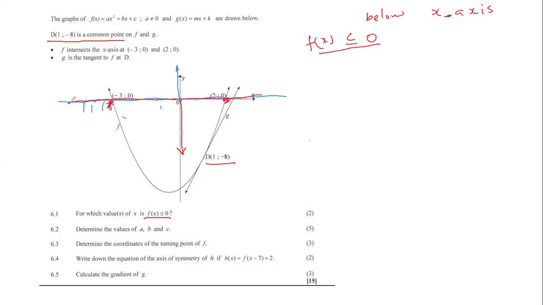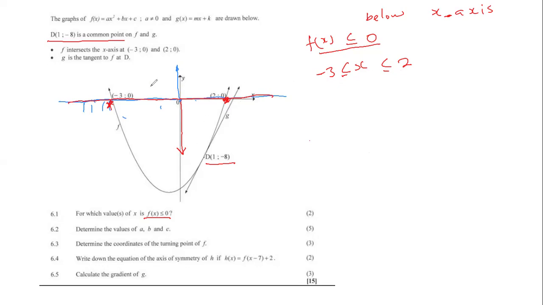So we need to tell the values of x. It's simple, we just look from the graph. The values of x from this point to this point, you can see, are between -3 and 2. So when x is between -3 and 2, the graph is negative.